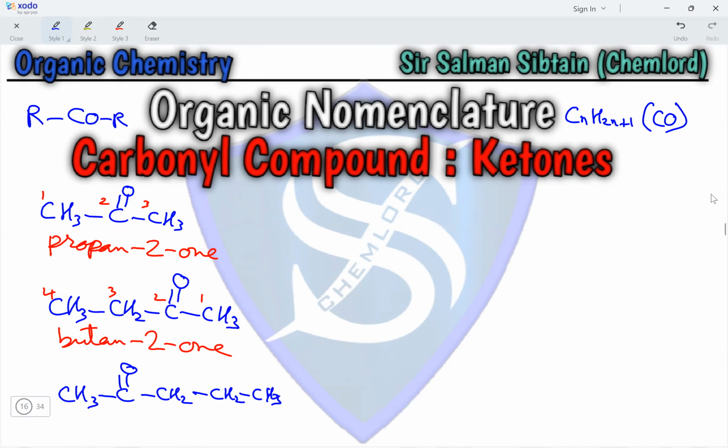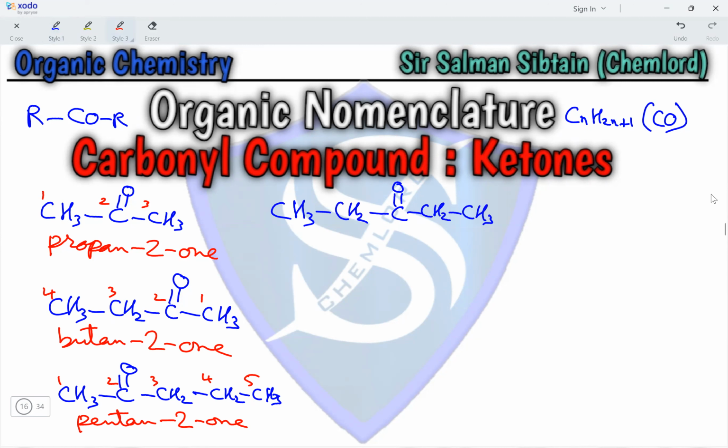So numbering would be done from left to right. So it would be 1, 2, 3, 4, and 5. So this would be called pentan-2-one. We have another pentanone, but with the C double bond O position at the third position. So we can have CH3 CH2 C double bond O CH2 and CH3.